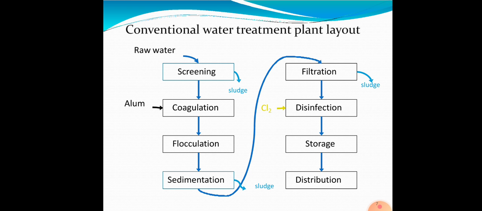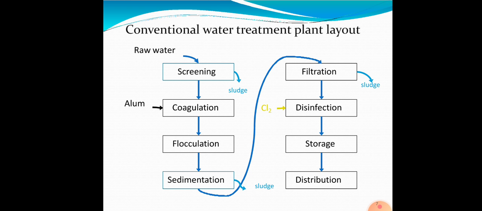Usually this process is provided at the intake point. So we know what an intake is. It is a point from which water is taken from the source to the treatment unit. So this process we call screening, that is removal of the floating matter by providing screens.